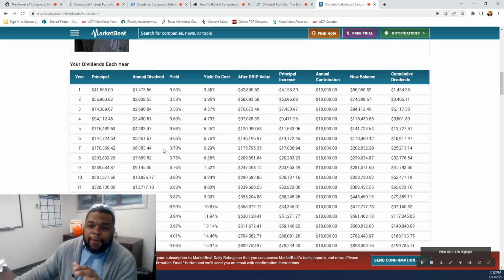And as you see right here, starting out this year, by me being only 33 years old, even if you add just 10 years of me consistently investing into my dividend portfolio, after 10 years, I'll have a portfolio balance of over 280,000, and my portfolio will be producing $10,000.